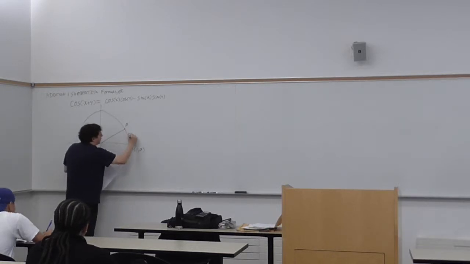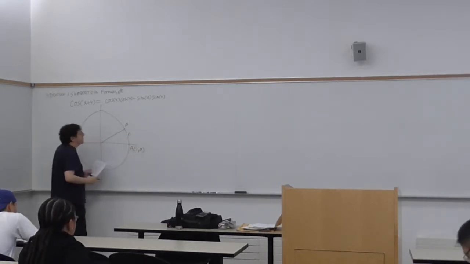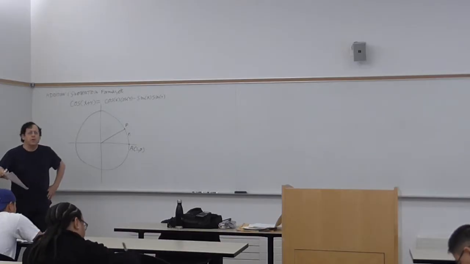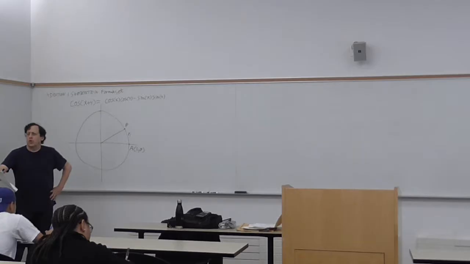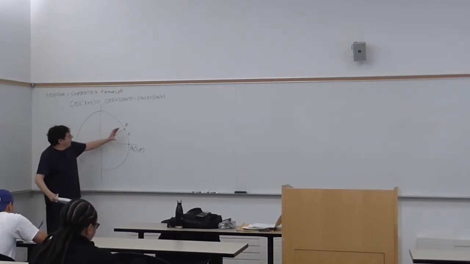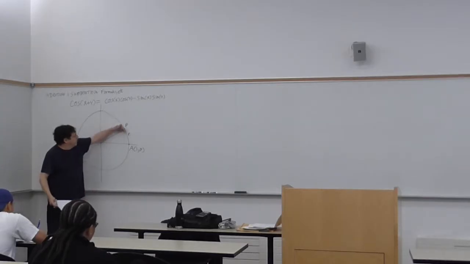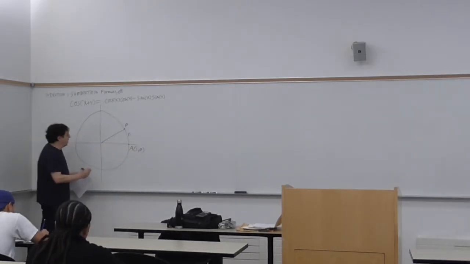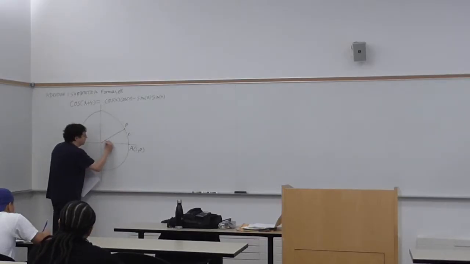We're going to call it R1. Now, I hope some of you recall from geometry that if you have a central angle and an arc, the measure of this arc is the same as the measure of the angle.